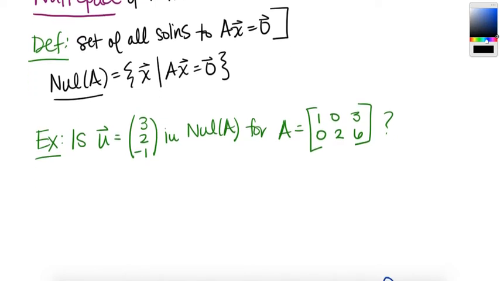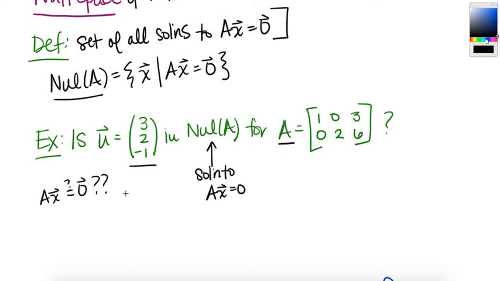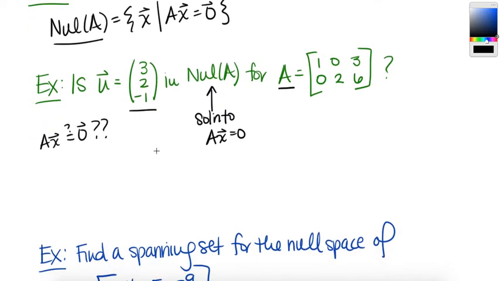Let's look at an example. All right, is this vector u in the null space for this matrix A? So remember, being in the null space means that it's a solution to Ax equals 0. So what do we do? We find Ax and we see, is that 0? So let's go ahead and do that.